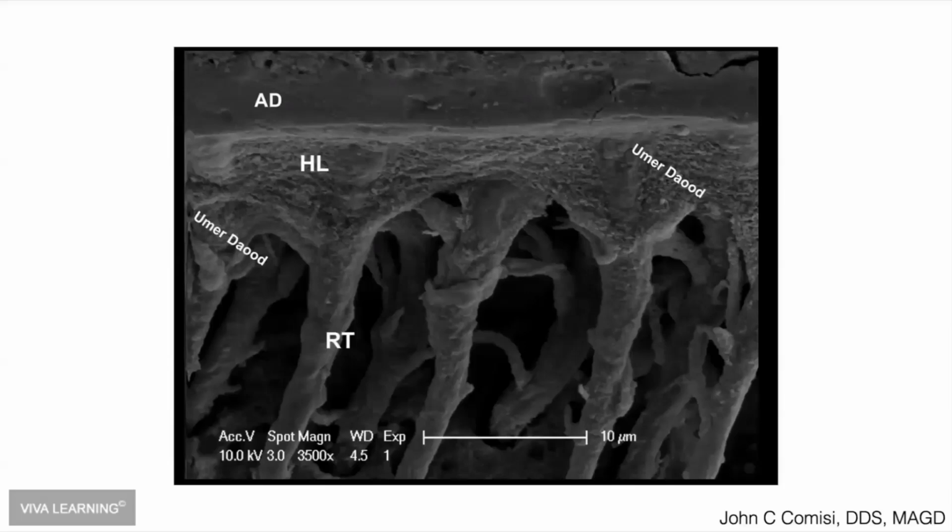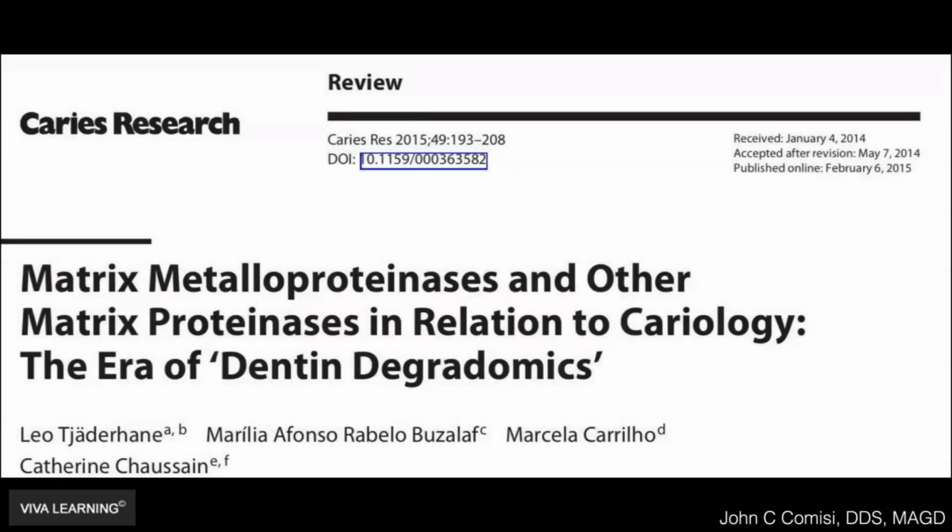This is not what's typically created when we attempt to create a hybrid layer in the tooth, because we have so many different factors that are constantly attacking while we work. Matrix metalloproteinases are some of the proteolytic enzymes which are always trying to degrade what we create.